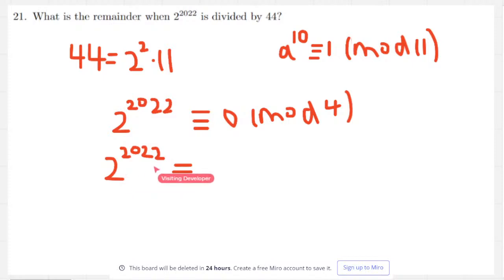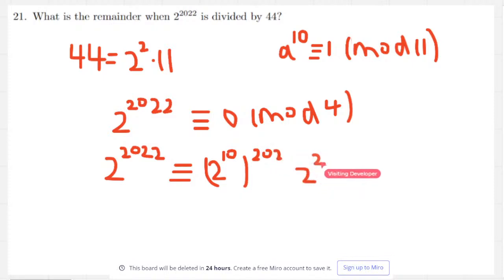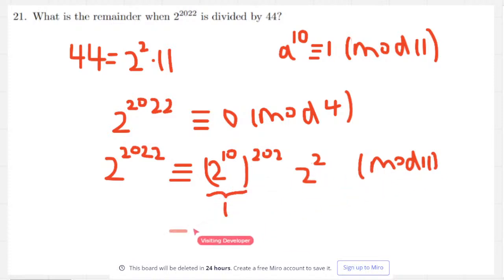And so we can apply this fact here, and we can break 2 to the 2022 into 2 to the 10 raised to the 202nd power, and then times 2 squared, mod 11. And this is nice because we know that 2 to the 10 is congruent to 1 mod 11, so this entire term becomes 2 squared, or 4 mod 11.